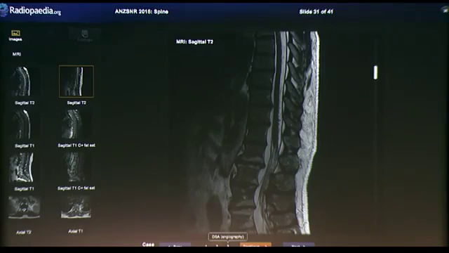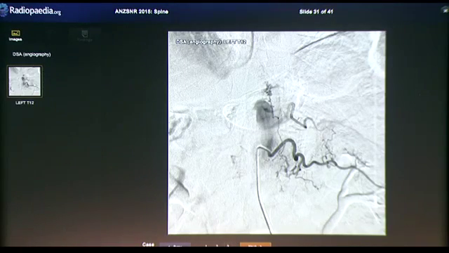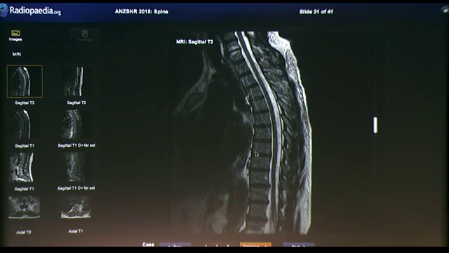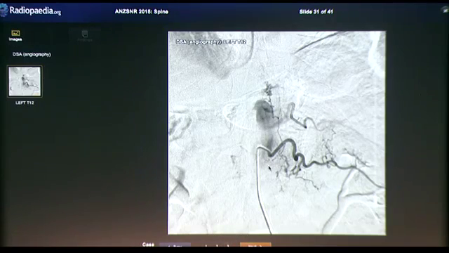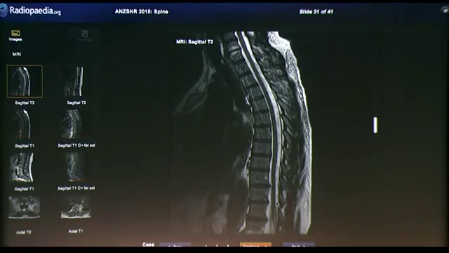So in this one, we went on and did a contrast enhanced MRA, which shows this smallish cluster of tangled vessels, probably being fed from the left here, which we thought was going to be T12. And this was confirmed at spinal angiography, showing the fistula feeding that tangle of abnormal vessels. So this is a spinal dural AVF with relatively subtle cord changes and these small abnormal flow voids.